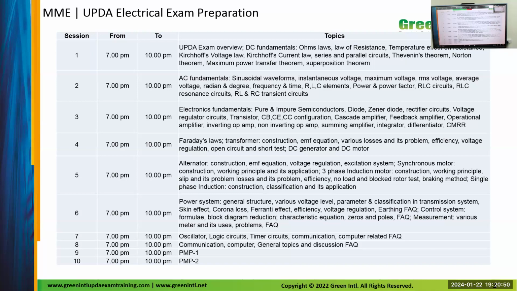Then we discuss some small problems related to basic AC fundamentals. Then we have the resonant circuit, which is related to electronics and communications, so we have questions from resonant circuits too. In the RLC resonant circuit, we discuss just 4 to 5 formulas: the resonant frequency formula, the bandwidth formula, and the quality factor.